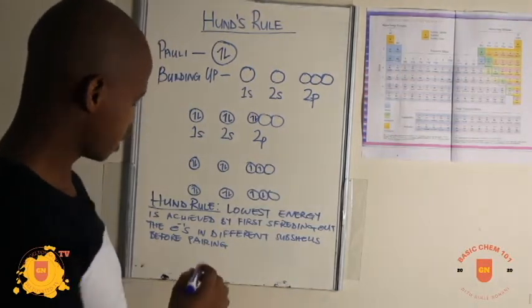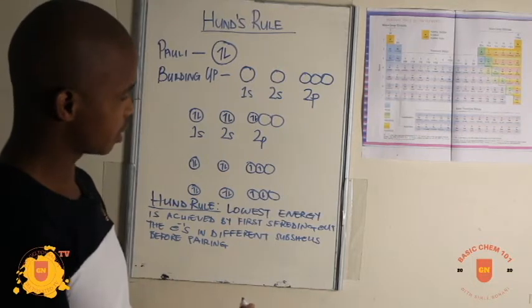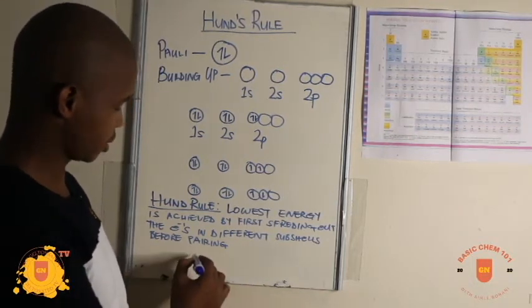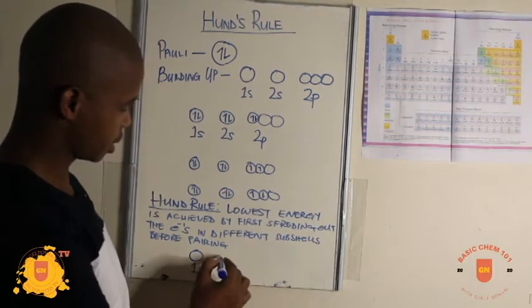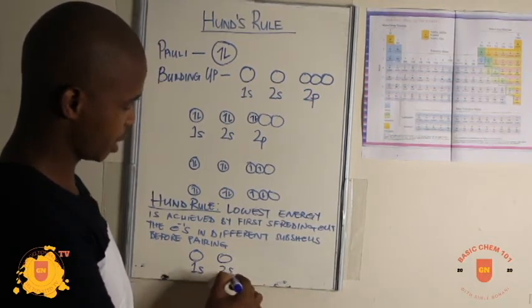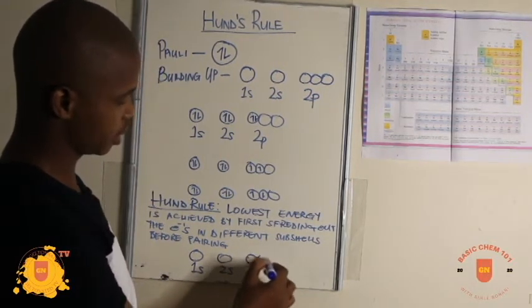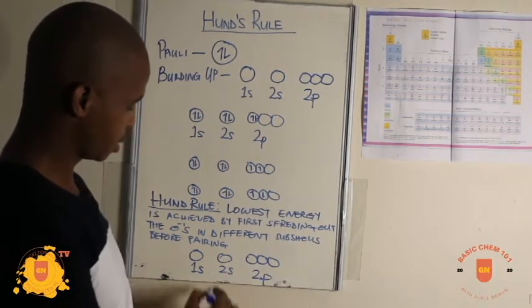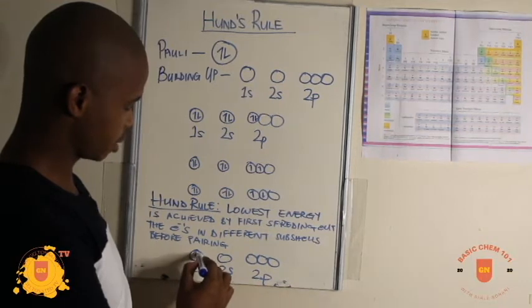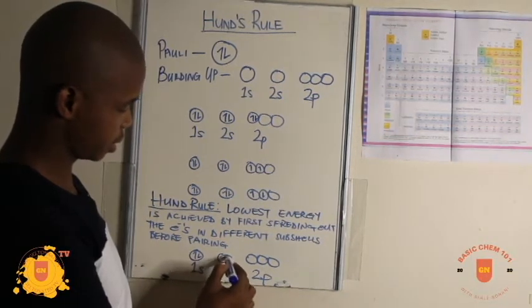Let's say oxygen has 8 electrons, right? So you will have 1s, 2s, 2p. So this would be this.